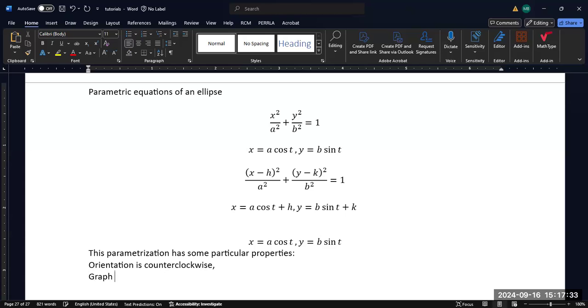The graph starts at t equal to 0 at the point a comma 0. So it's starting on the positive x-axis. And then it goes counterclockwise. So it goes from the positive x-axis to the positive y-axis.